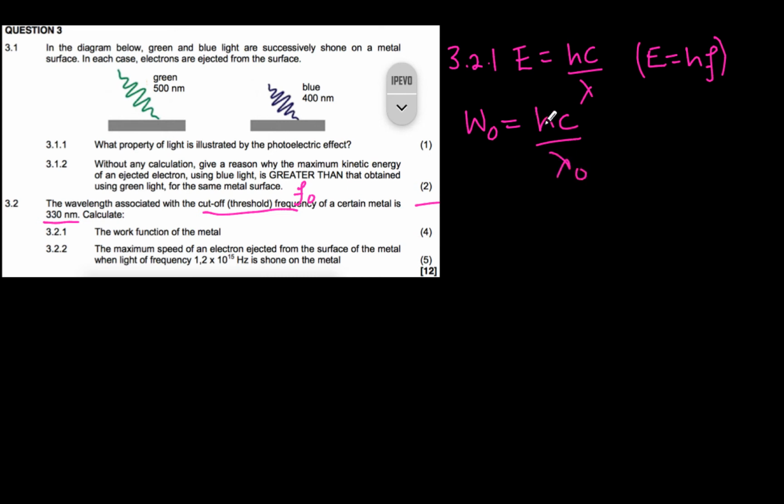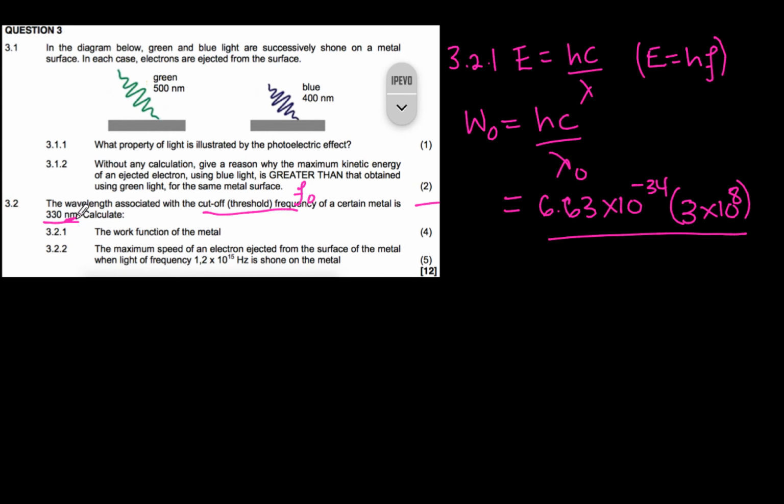Substituting in this equation, Planck's constant is 6.63 times 10 to the power of negative 34, and the speed of light in a vacuum is 3 times 10 to the power of 8. All this divided by the wavelength, which is given in nanometers.